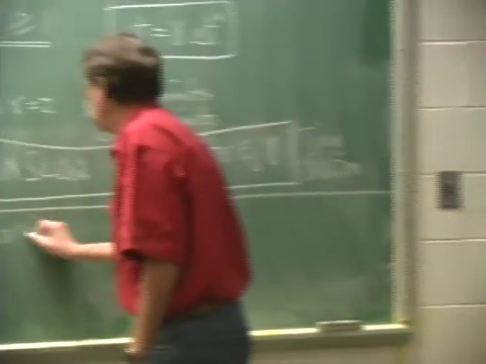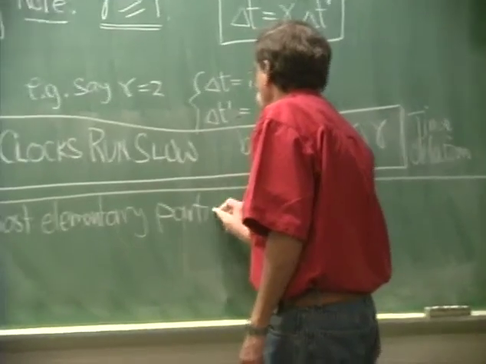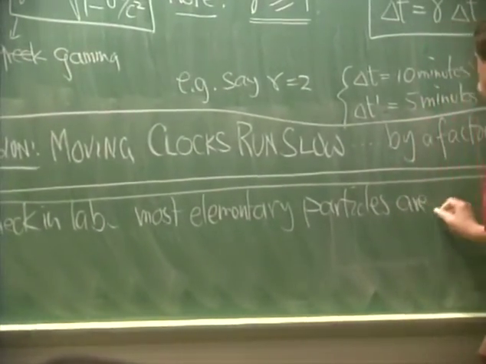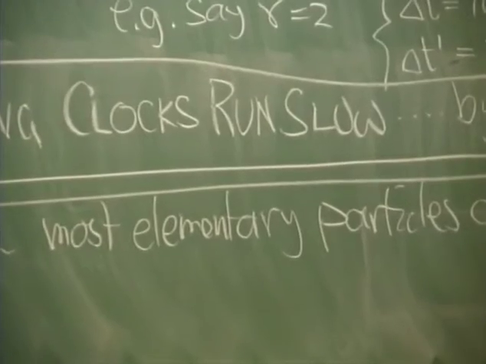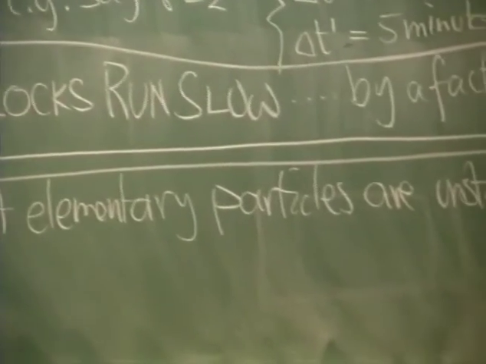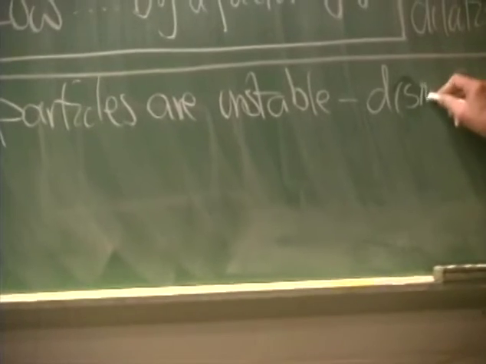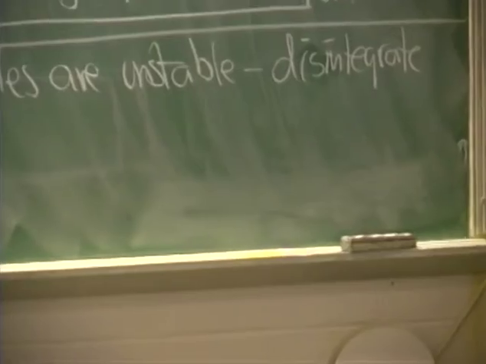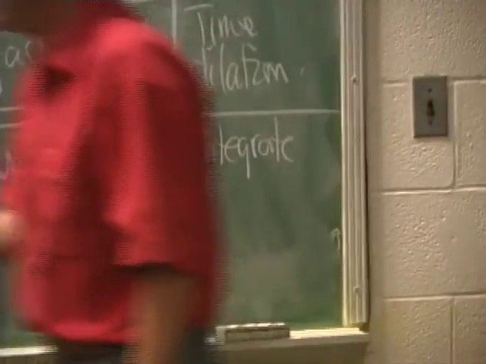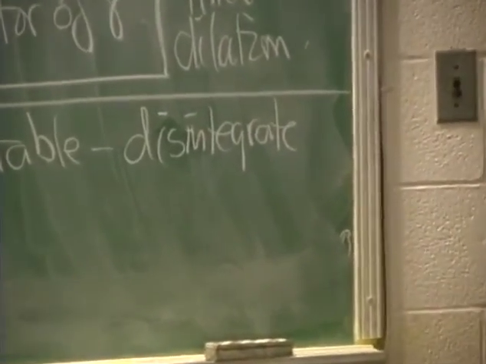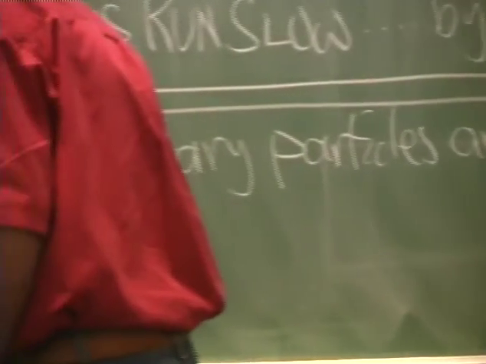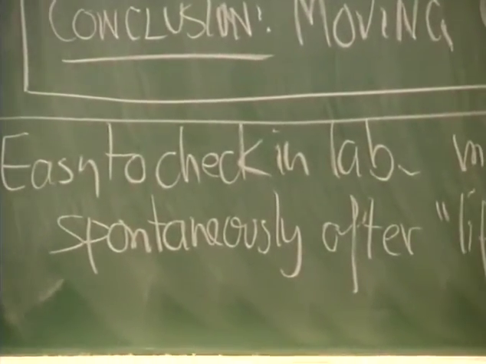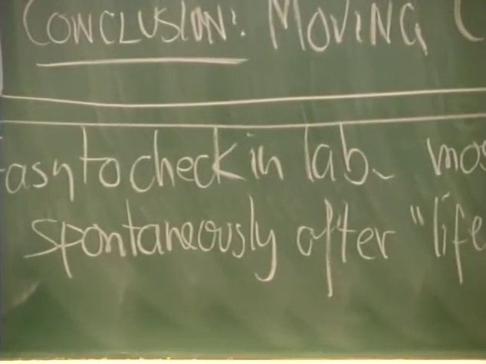Most elementary particles are unstable. They disintegrate spontaneously, that is, nobody has to pound them with a hammer or something, they just disintegrate spontaneously after a lifetime that's characteristic of the particular particle species.